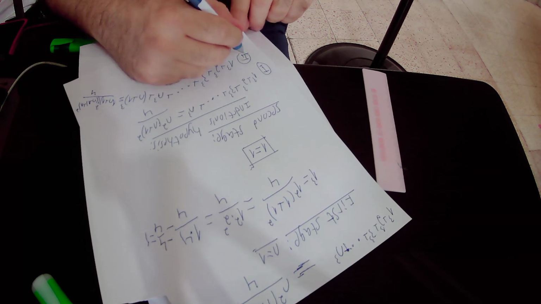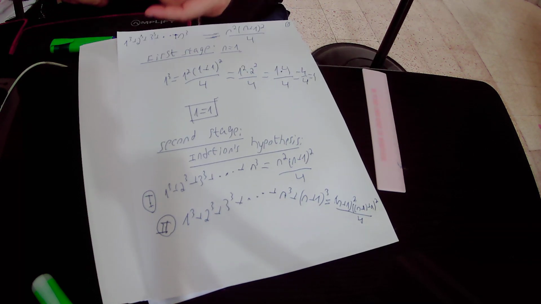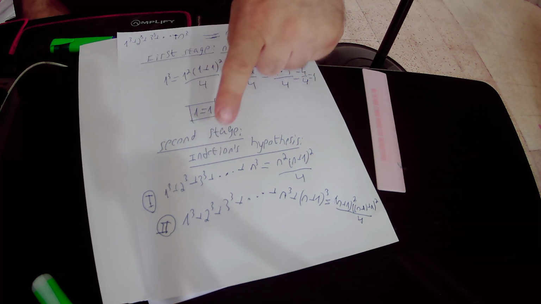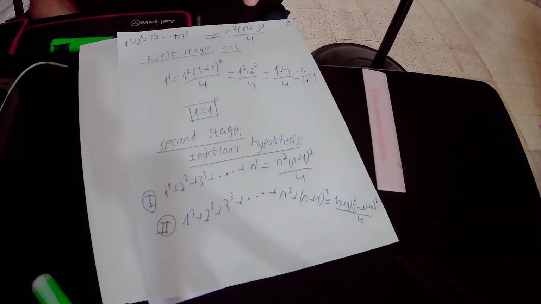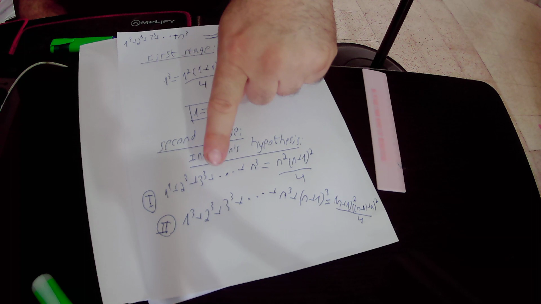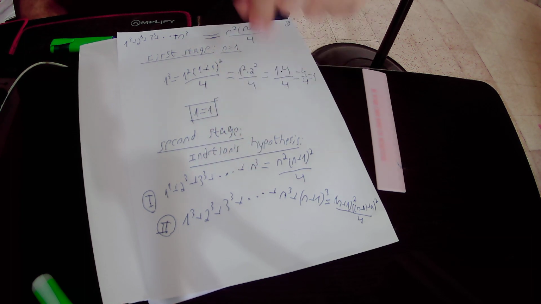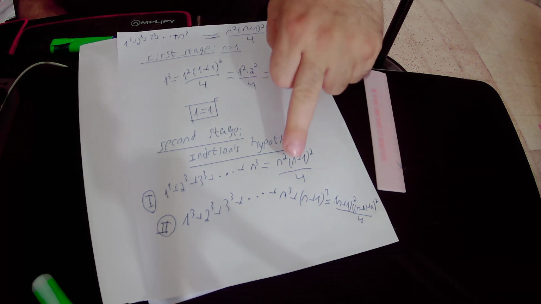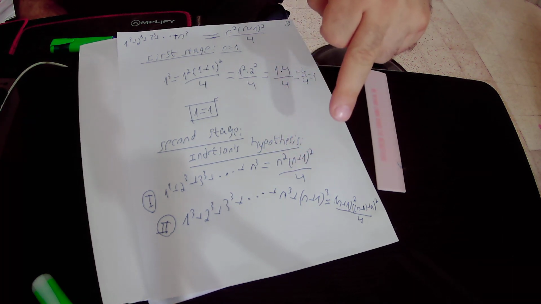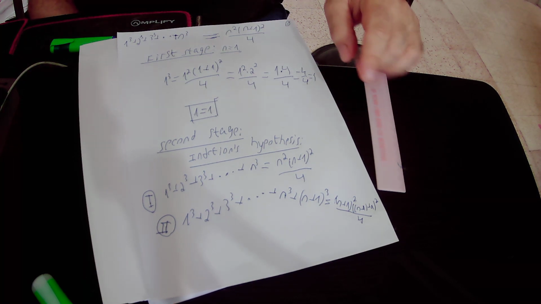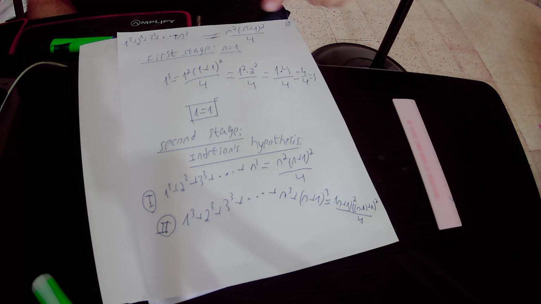So the expression that we must prove is for n plus 1. This expression for n plus 1 is 1 to the power of 3 plus 2 to the power of 3 plus 3 to the power of 3 plus ... plus n to the power of 3 plus n plus 1 to the power of 3 equals, wherever it is written n, we will write n plus 1.